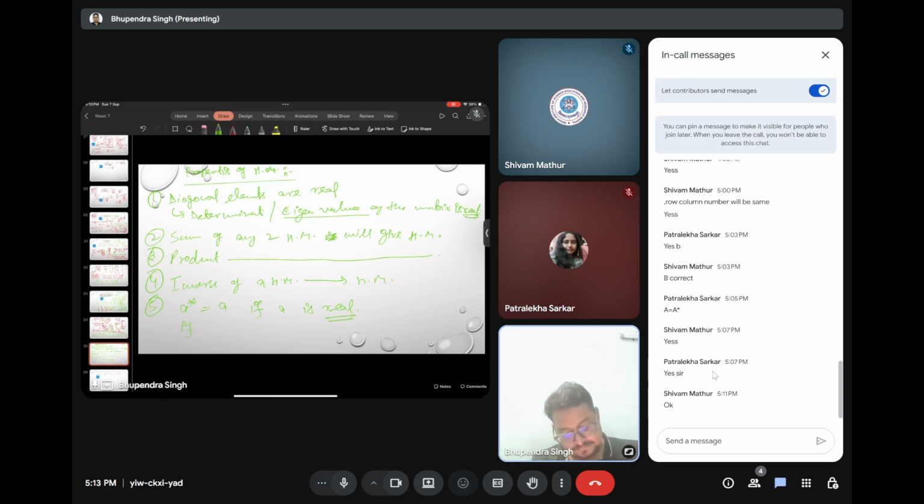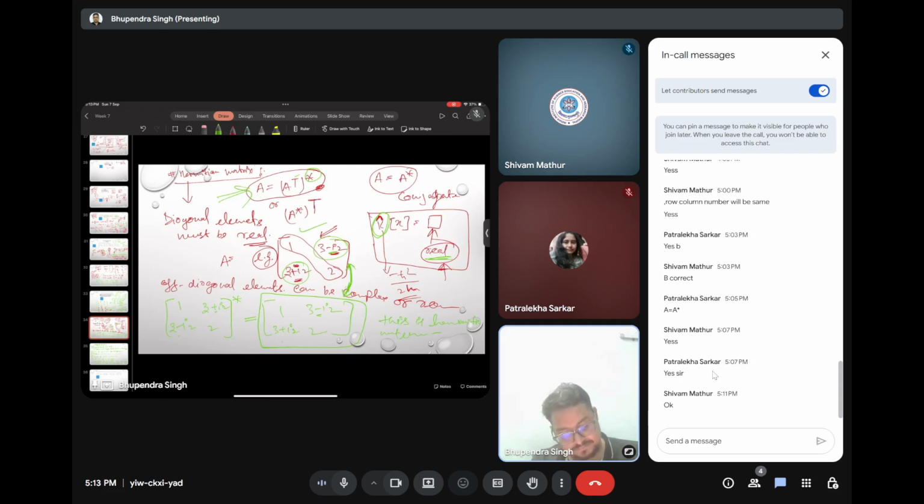So if all the elements are real, then what will happen? Then it will become a symmetric matrix, isn't it?